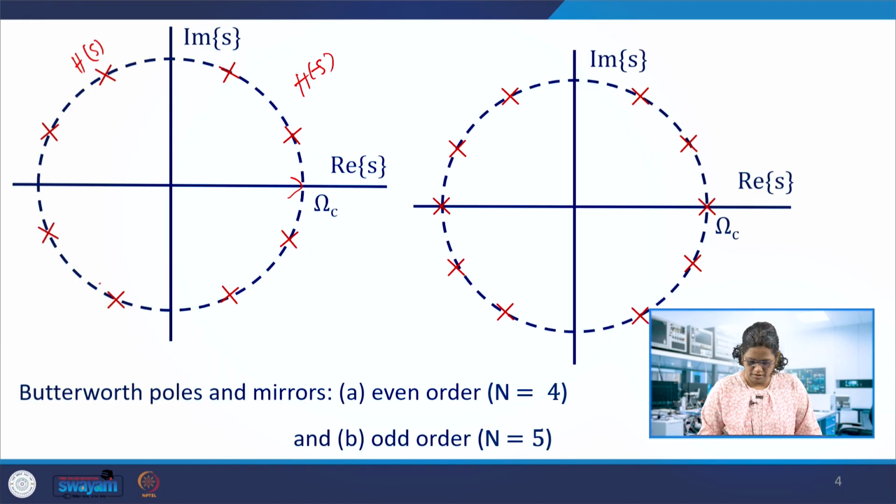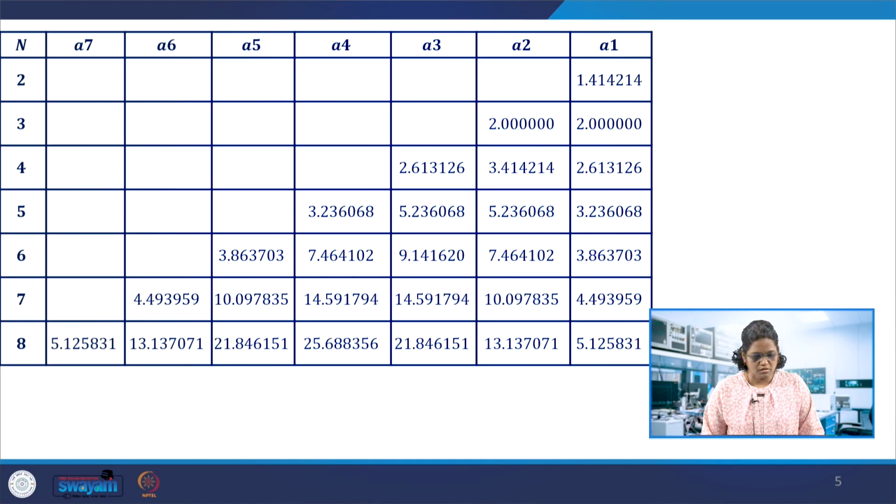Similarly for n equal to 5, the picture becomes 1, 2, 3, 4, 5 poles in the H(s) and 5 poles in the H(-s). So the radius is seen to be omega c. In the normalized case, if we compute all the poles and multiply them with omega c, and take omega c equal to 1, we normalize the equation.